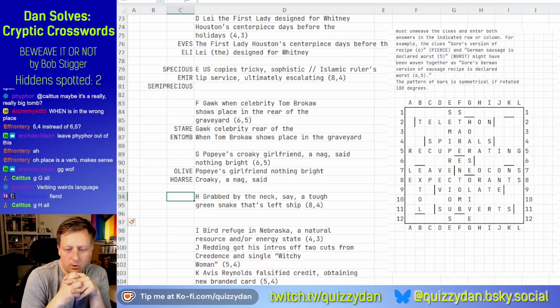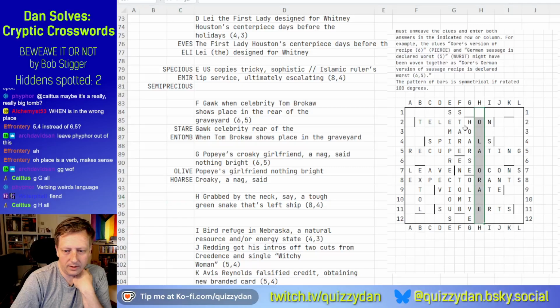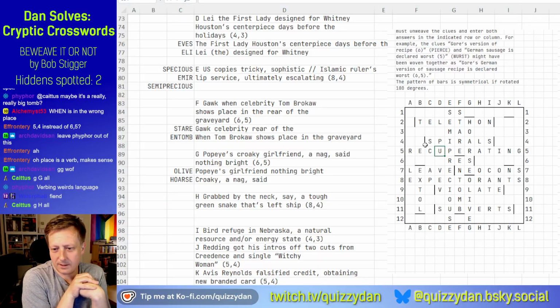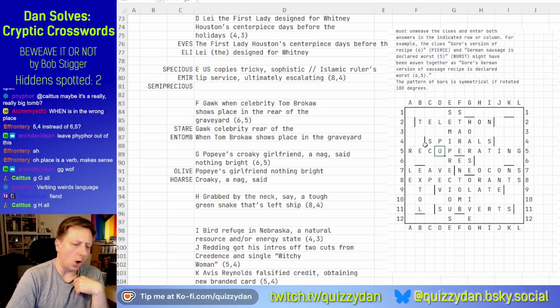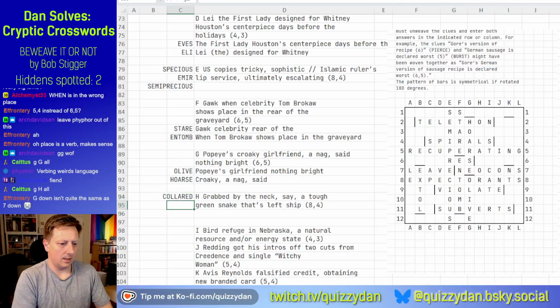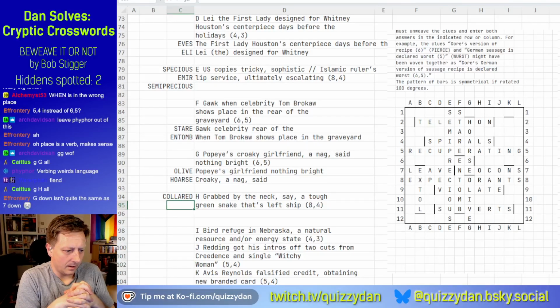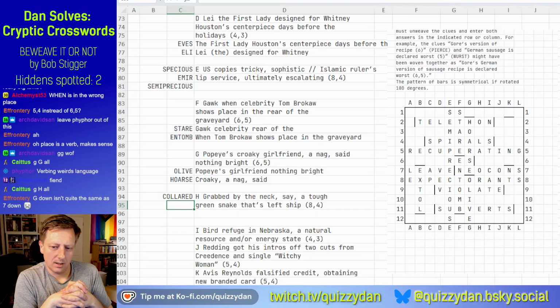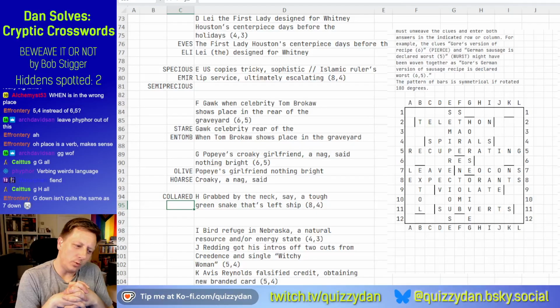So I'm trying to work out what this long word is, and it's not going well for me. Oh, collared. Grabbed by the neck could be collared. And boat.